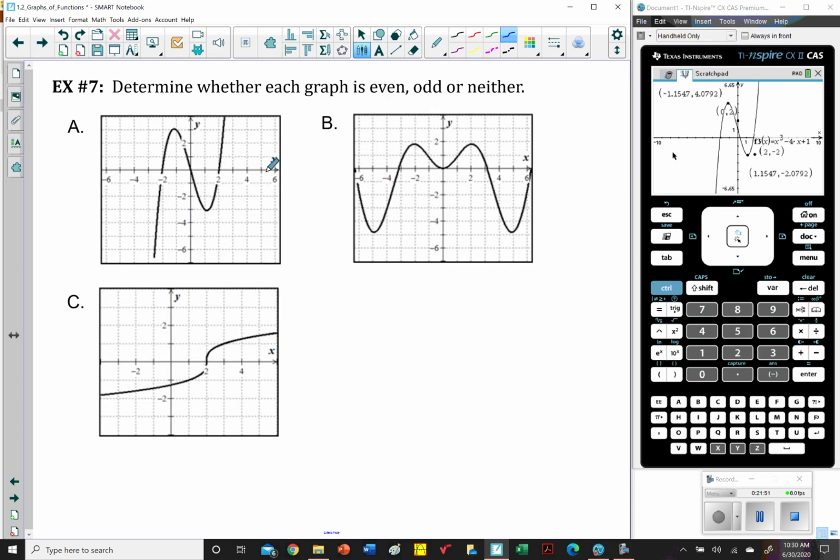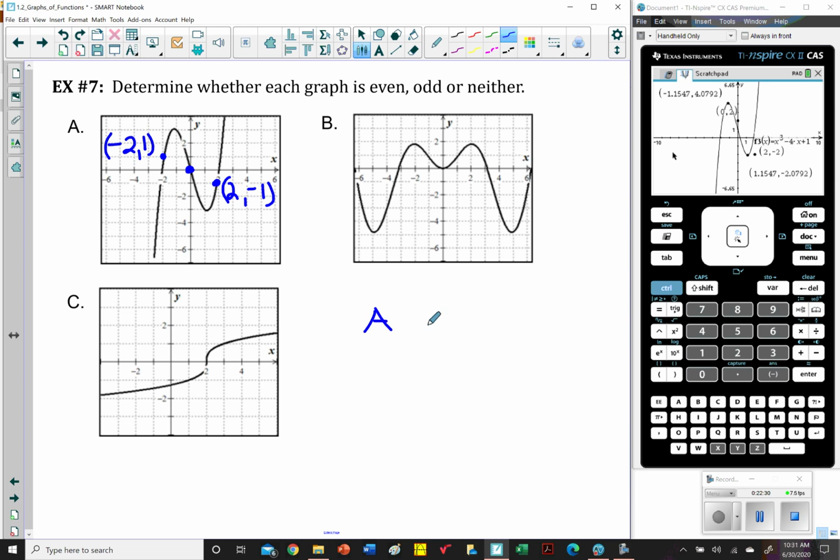Let's give these a try. So can we determine from the graph whether you have an even, an odd, or no symmetry at all? And in this case, it looks like it's rotational about the origin because, let's see, it looks like 2, -1 is on that graph, and if I replace the x with the opposite of x, -2, +1.